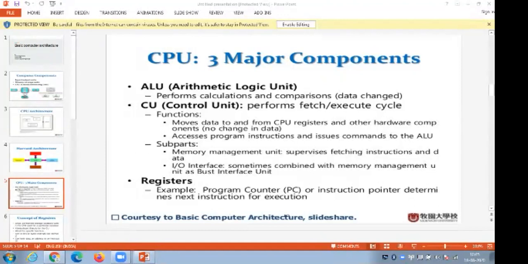So in the control unit, we heard the term registers. What is meant by a register? We have many registers, such as the program counter.